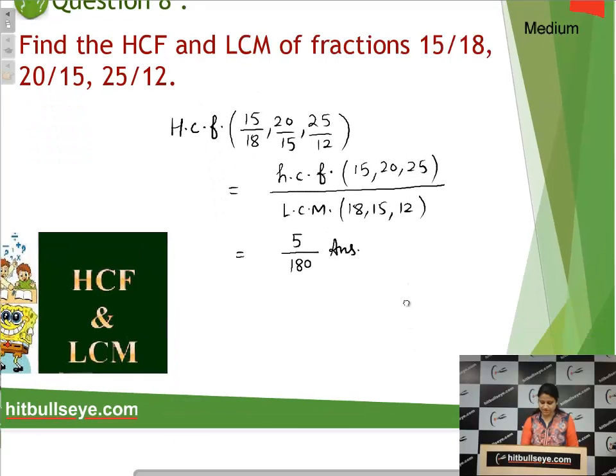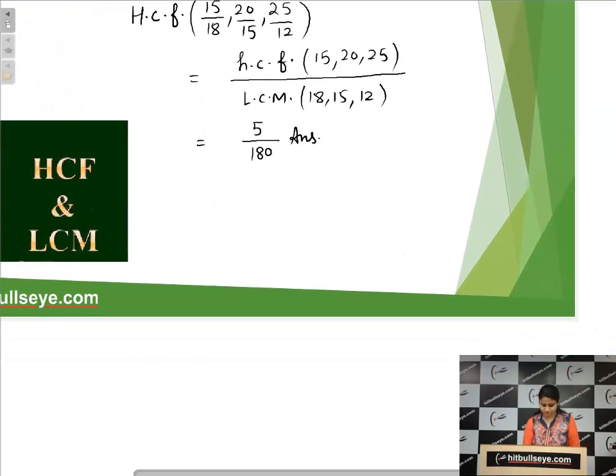Now moving to the LCM part. What is the least common multiple of these numbers: 15 by 18, 20 by 15 and 25 by 12?